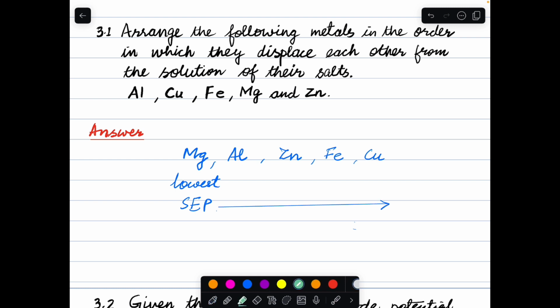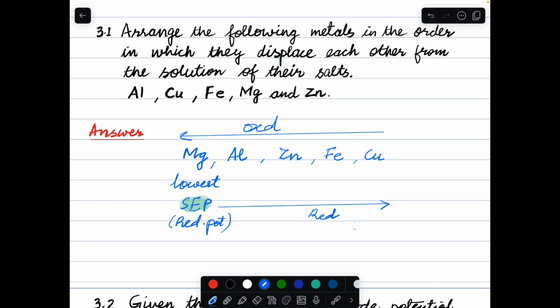And what is standard electrode potential? We know that it is basically the reduction potential. So the tendency for reduction is increasing in this direction. Therefore, for the tendency for oxidation, we will have the reverse order.